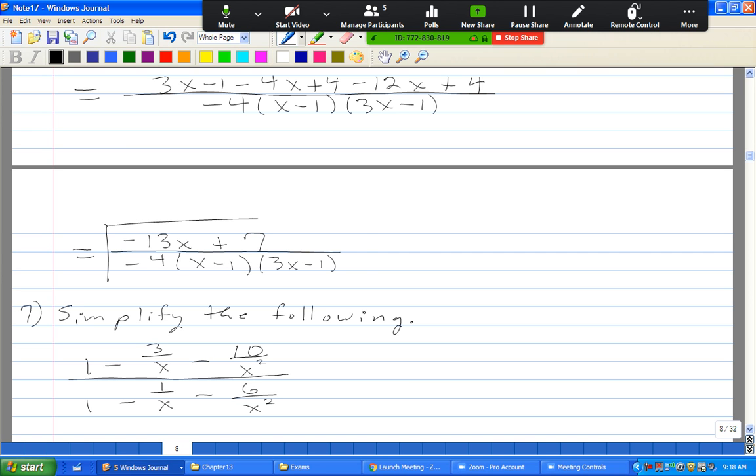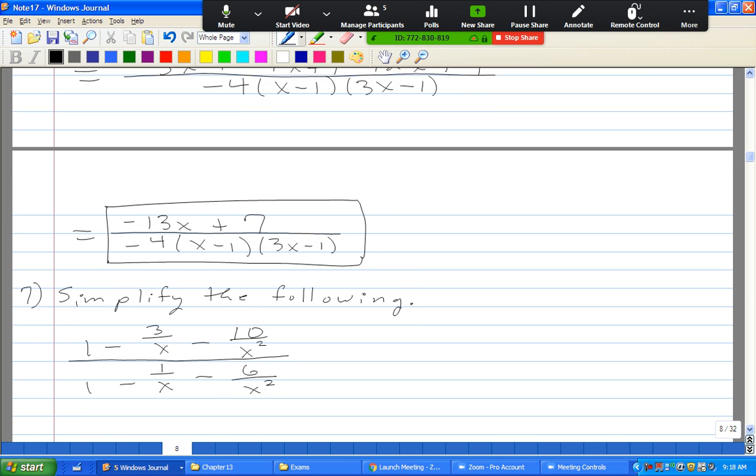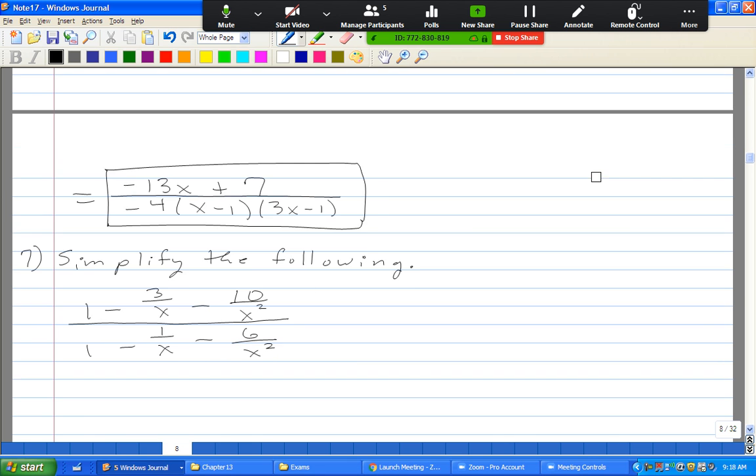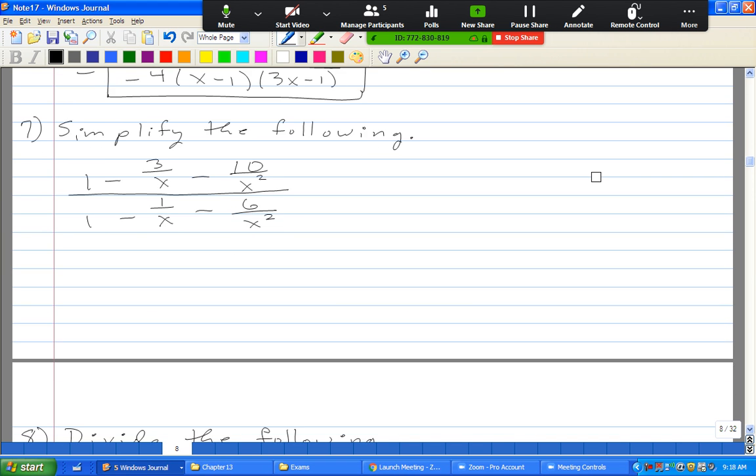Let me do problem number 7. Simplify the following. And so I want to simplify this complex fraction. So let me multiply and divide by the least common denominator. You notice the least common denominator here of all the denominators is just x squared. So let me multiply and divide by x squared.